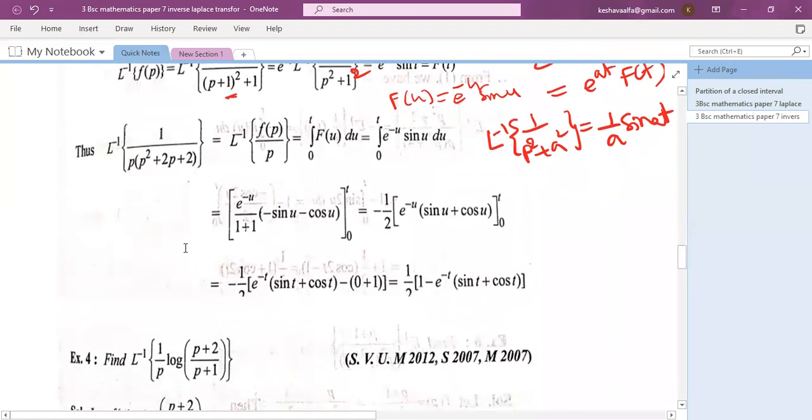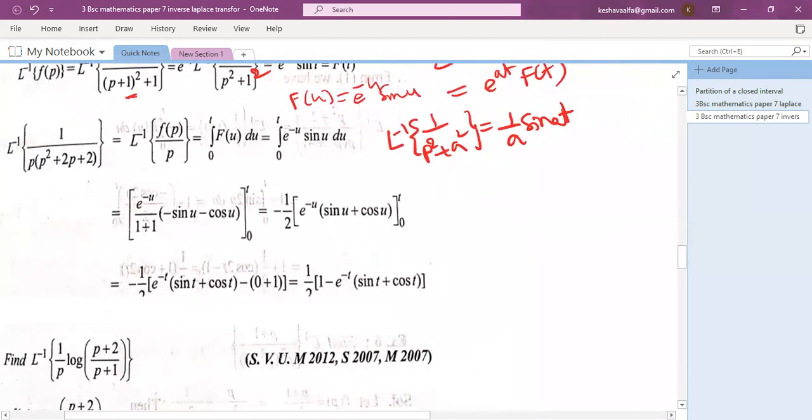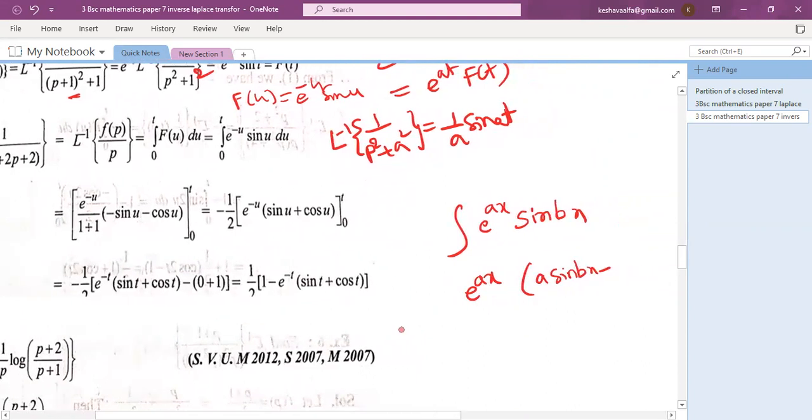Integral e power minus u sin u. Using integration by parts, or we can use this simple formula: the integral of e power ax sin bx is e power ax (a sin bx minus b cos bx) by (a square plus b square).